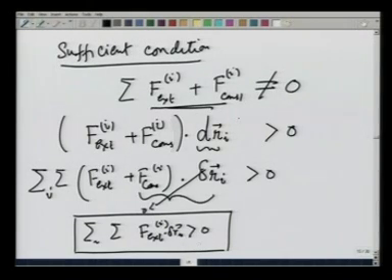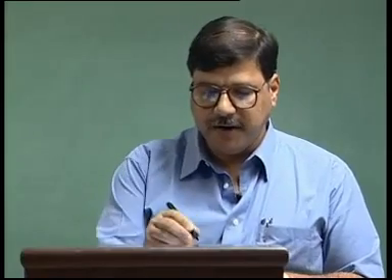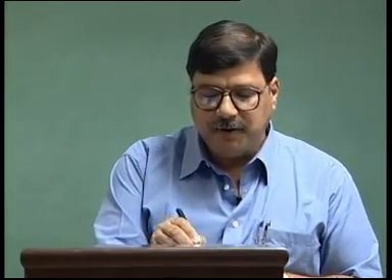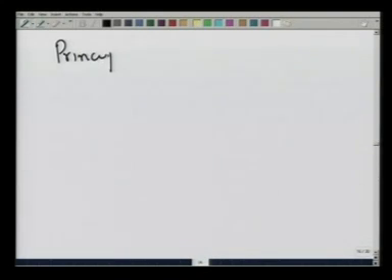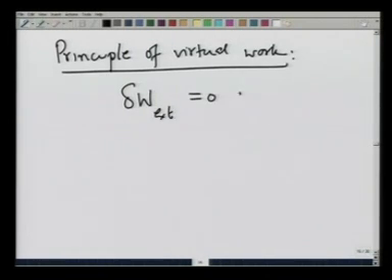So, that also proves that it is a sufficient condition. So, now we are going to take it from there that the principle of virtual work is, I will write this in symbols, the virtual work done by external forces is equal to 0 at equilibrium.